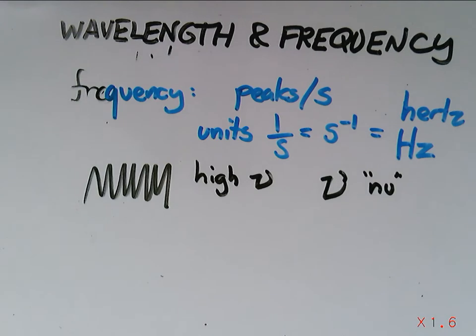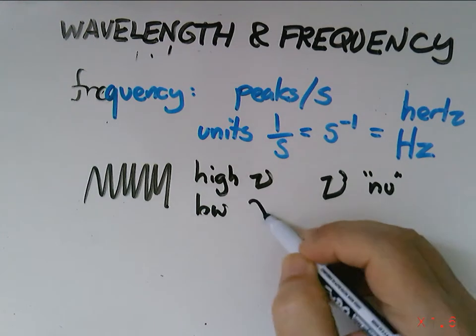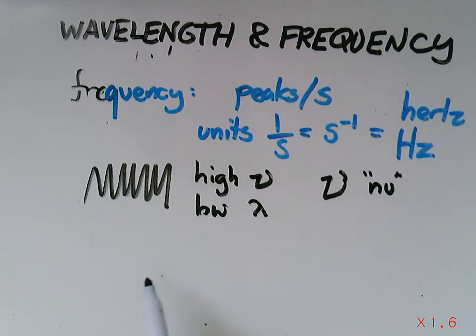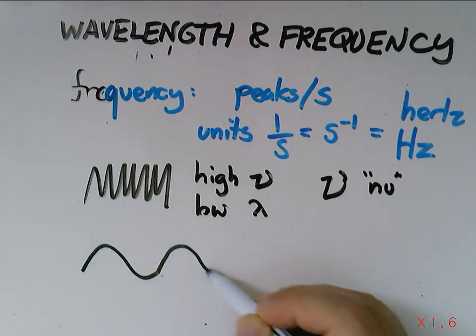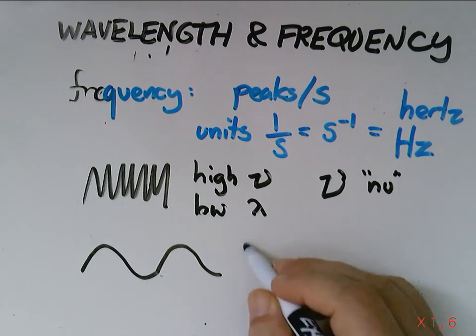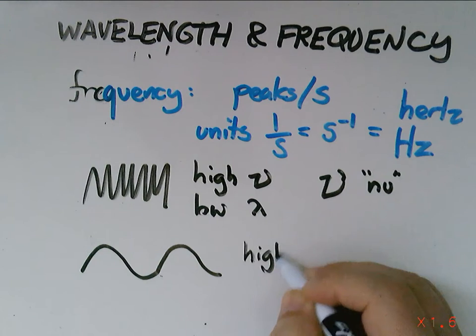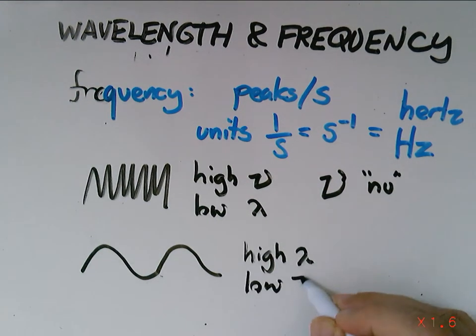So there's a high frequency wave, and it's got low wavelength. Why? Because the peaks are close together, so the wavelength isn't big. Now if you have a wave that looks like this, that would be a wave with high wavelength and low frequency.